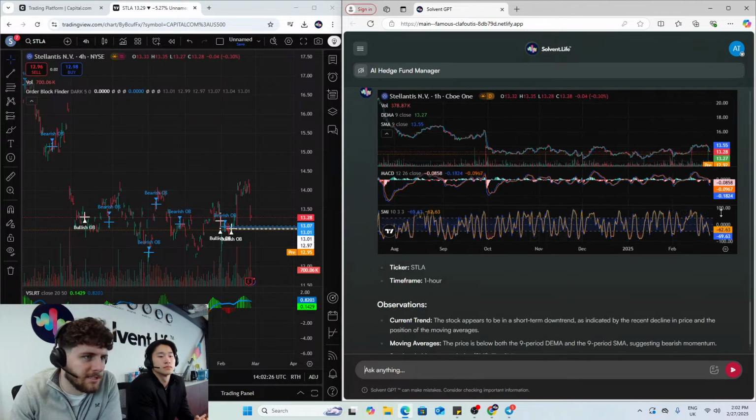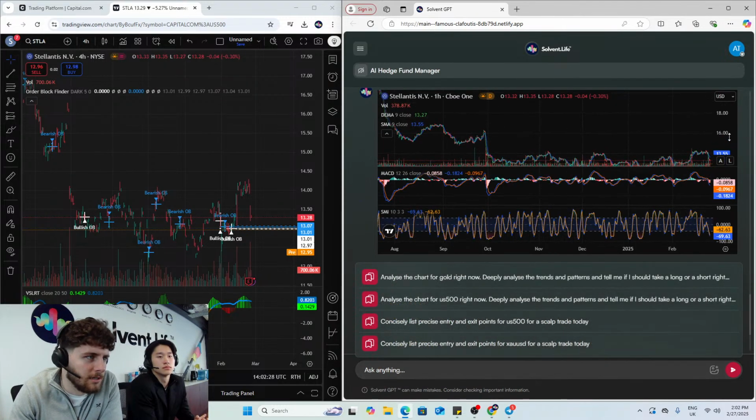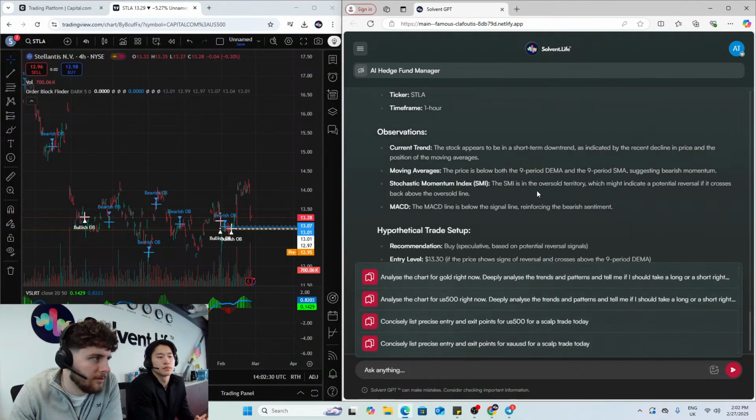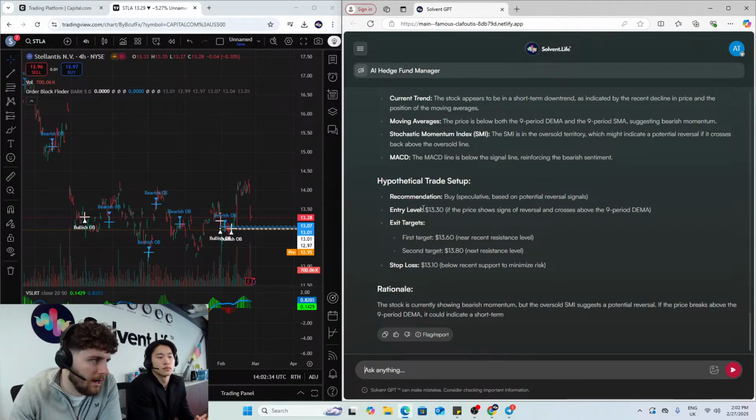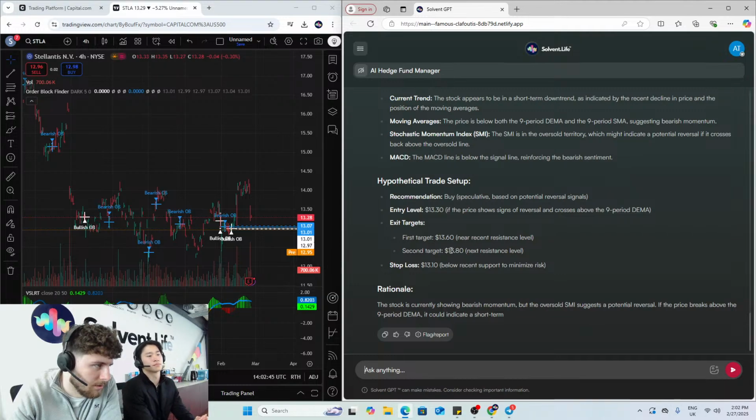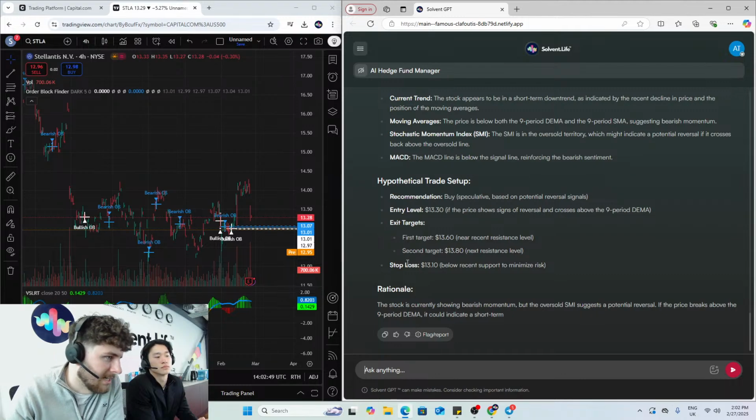Stellantis, as we can see, currently trading about $13.55. So our entry level around $13.30 if the price shows signs of reversal and closes above the 9-period DEMA. We have two targets, one at $13.60, one at $13.80. Stop loss of $13.10. Fantastic.